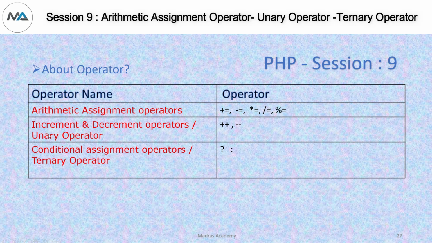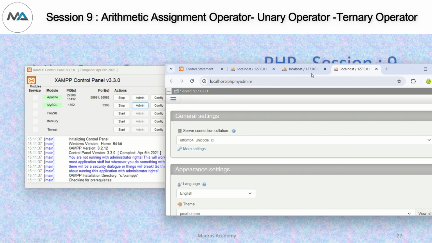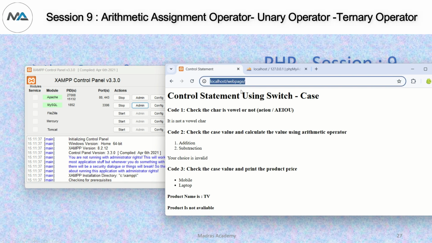So first we'll start with the unary operator. Before writing the code, you have to check whether the XAMPP server is running or not. Now in my system, the server is running. Now I'm going to open my web page folder URL location.